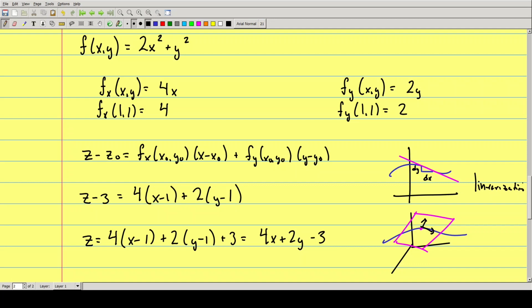So if I have a surface and that surface is difficult to work with for whatever reason, or I have limited information about that surface, what I can do is employ the derivative, generate that tangent plane, and then use that tangent plane as a way to approximate the function locally, near where the plane is tangent. And this is a very common process in applications.